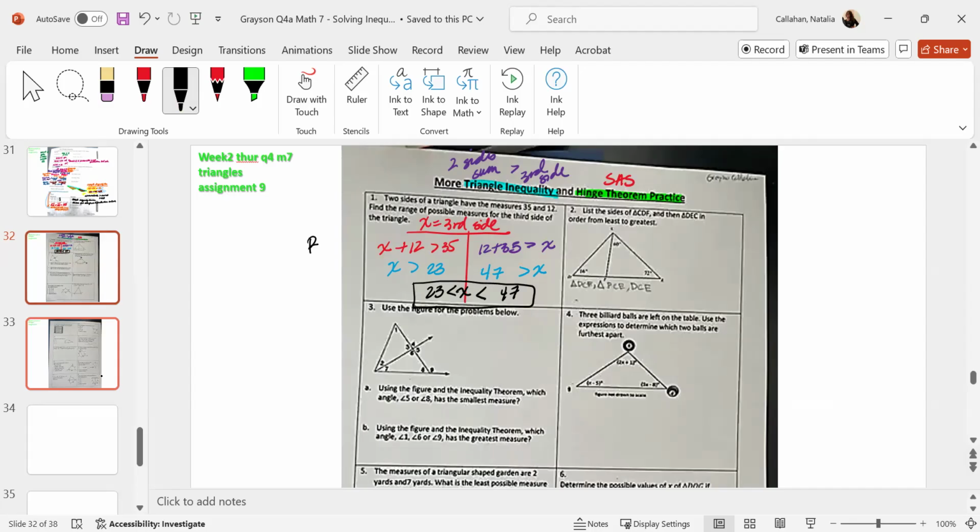Yes. And you just basically put the third side is between 23 and 47. It doesn't have a unit, so just 23 and 47.